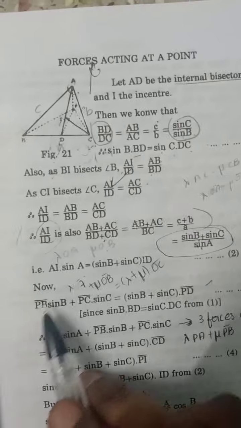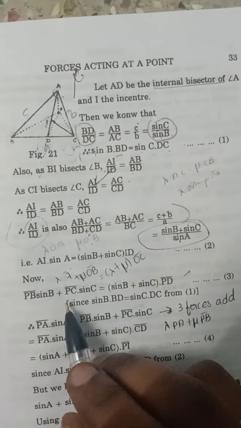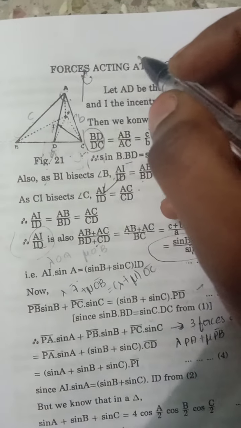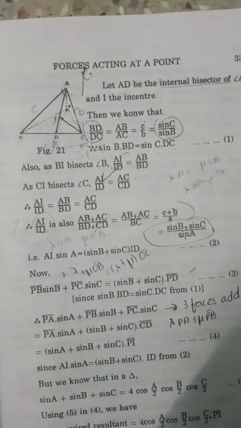Now we already know that in a triangle this is in lambda mu form.